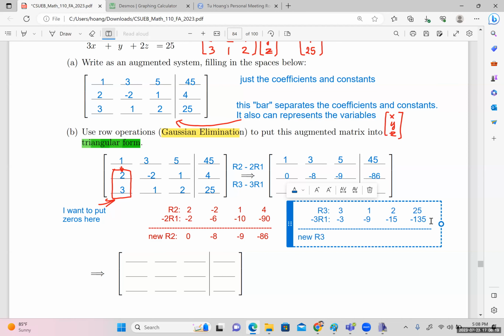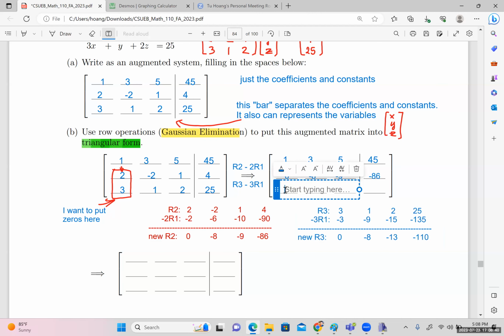New row 3, which is 0, -8, -13, -110. Right? And I put this guy over here. Okay.